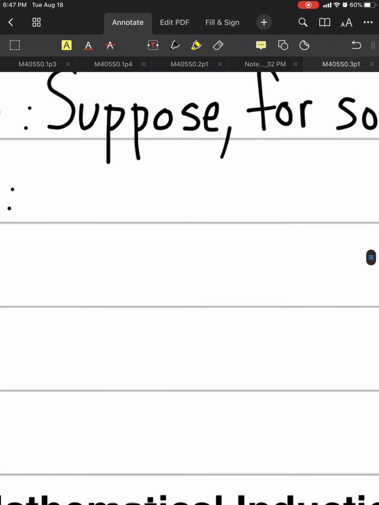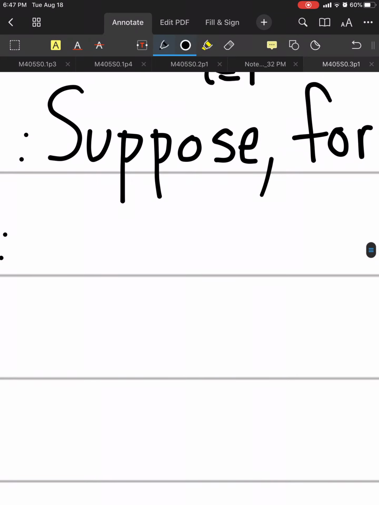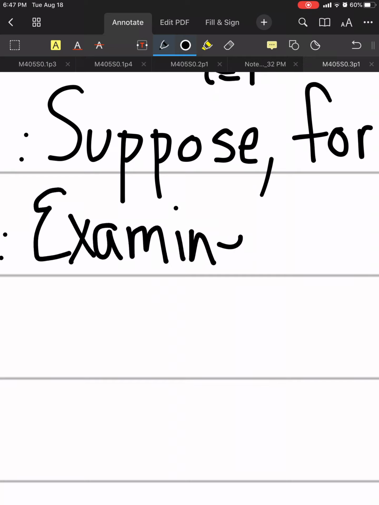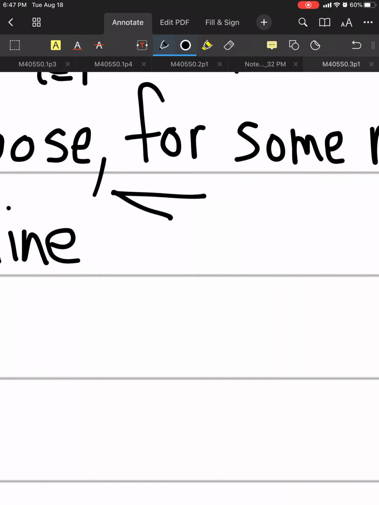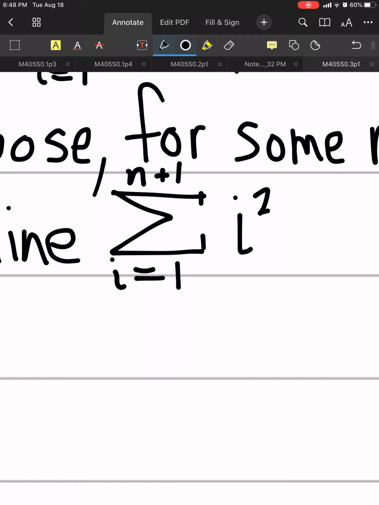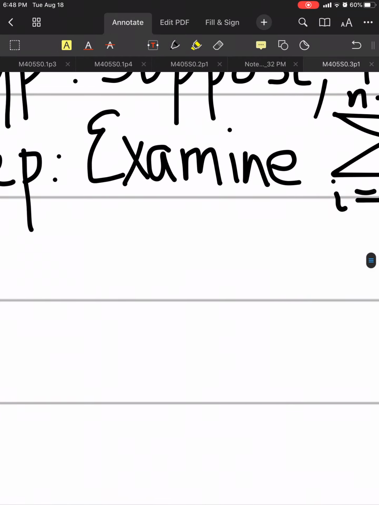So here we're going to just examine a summation, I equals 1 to n plus 1 of I squared. What we're doing here is we're examining that.